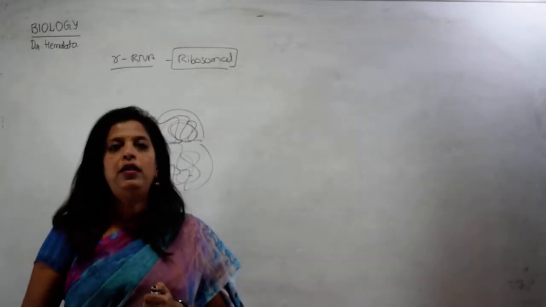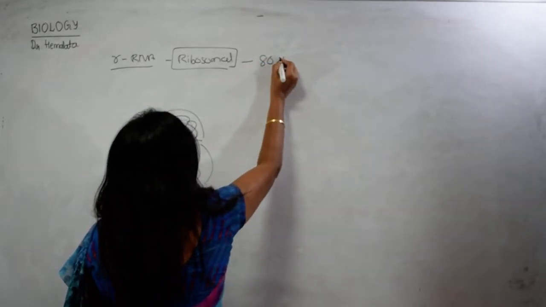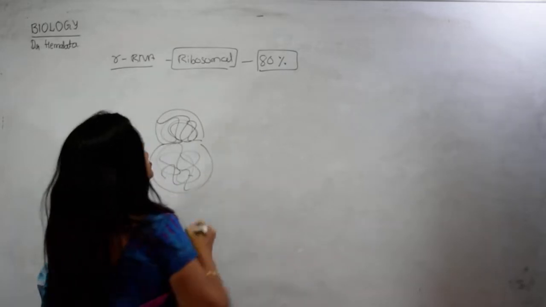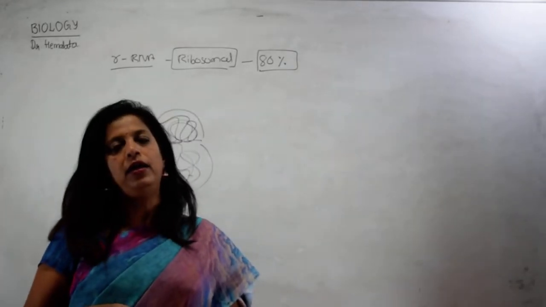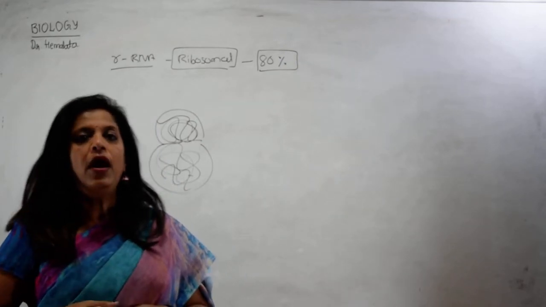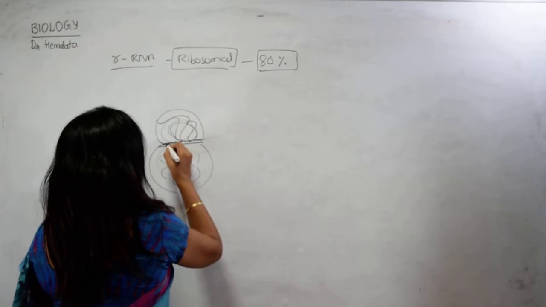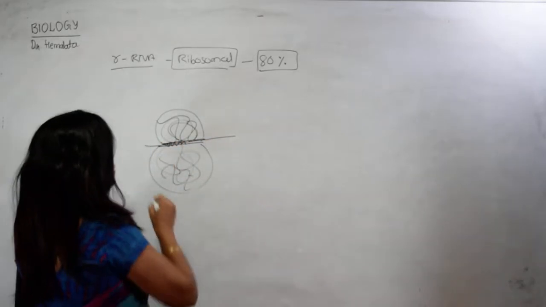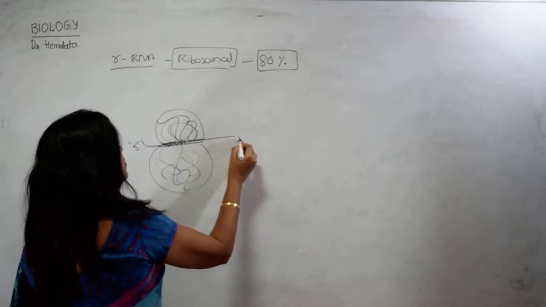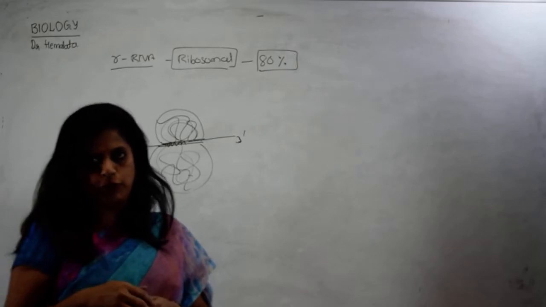Then rRNA forms around 80% of total RNA. It means the maximum RNA found in the cell is the rRNA, the ribosomal RNA. And ribosomal RNA helps: suppose this is the small subunit and the larger subunit, it will be like this, and mRNA binds to this. So mRNA binding will be made firm by the rRNA on the ribosomes.